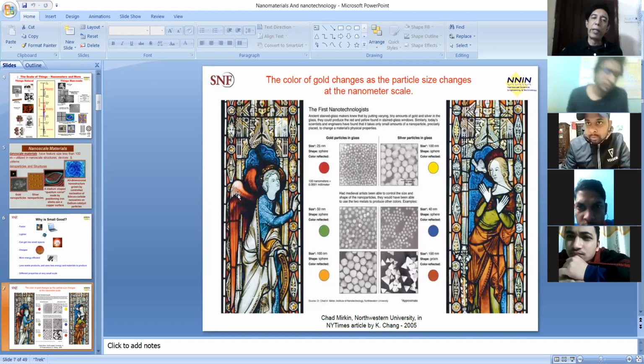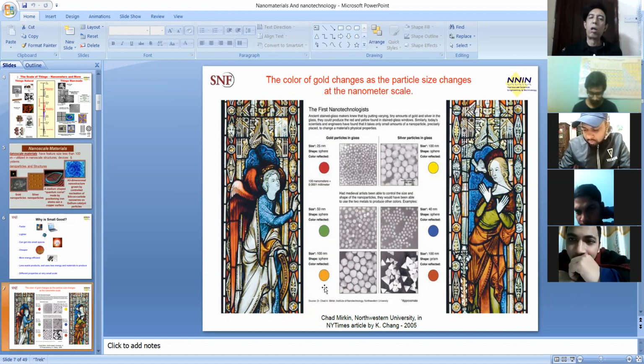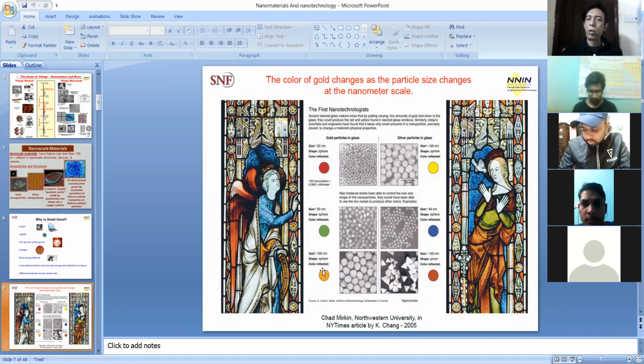This painting is of gold, and this painting is of silver. Now you know the color of gold is yellowish, or golden, whatever we see. But here you see you are getting a different color of the gold.